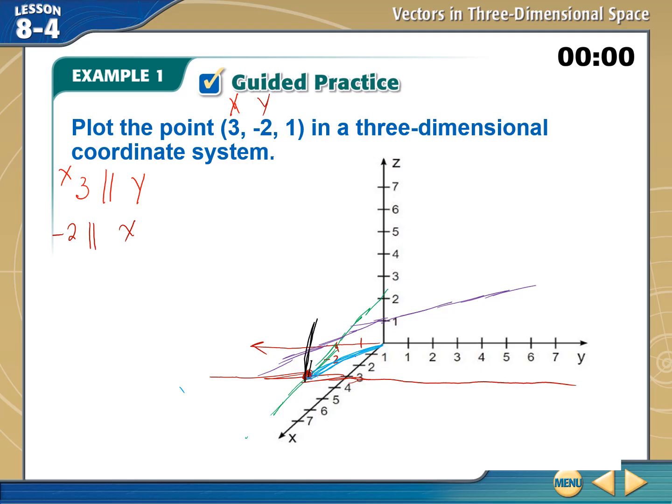Wherever this straight line intersects the purple line is our new actual point. And over here, this is 3, -2 and 1.